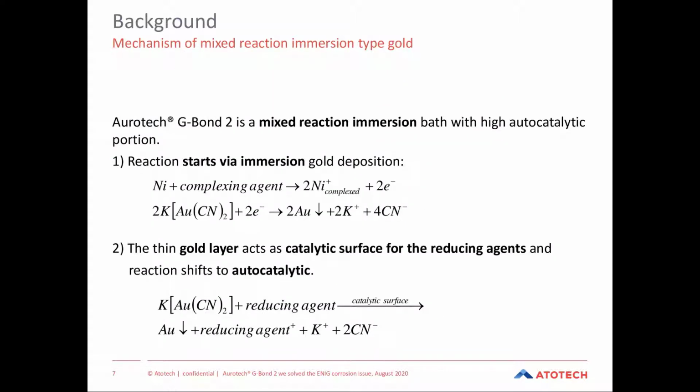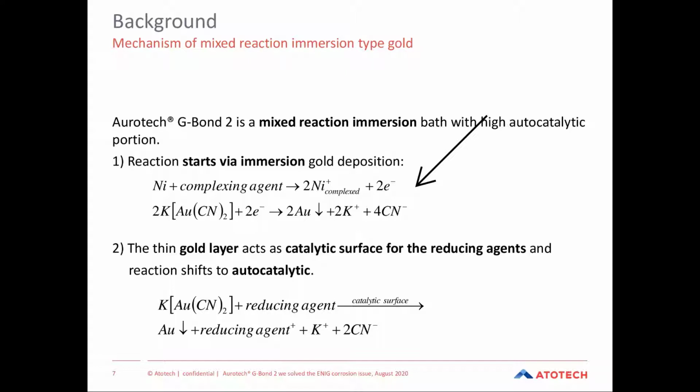So with the latest mixed reaction immersion type of gold, this typically works like this: we start with an immersion reaction where the electrons are provided by dissolving the nickel.